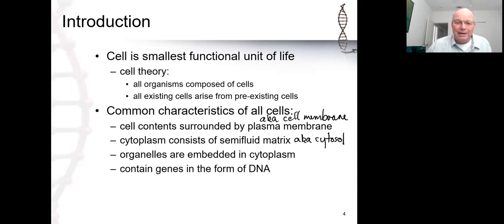Embedded in all of that is going to be the organelles that we are going to find primarily in eukaryotic organisms, but there is a type of organelle that is also found in prokaryotic organisms.